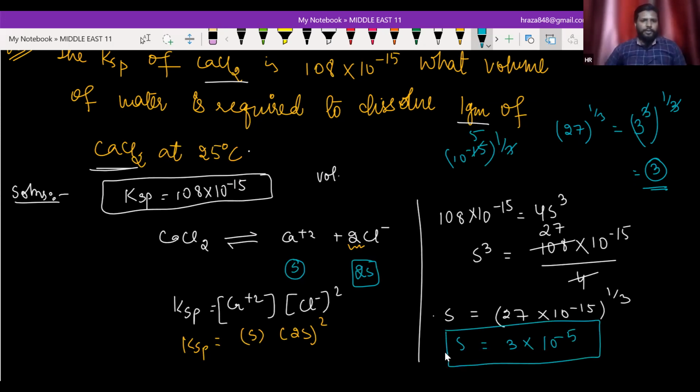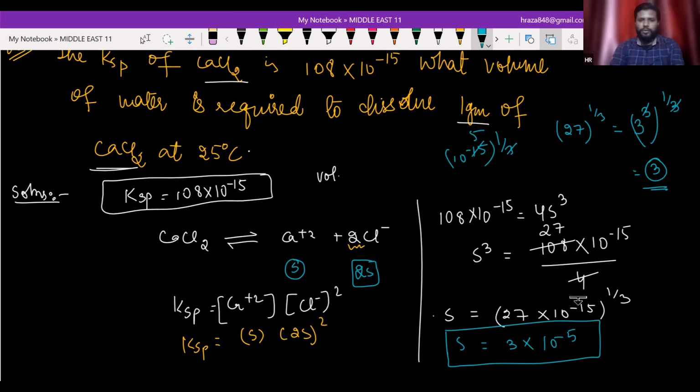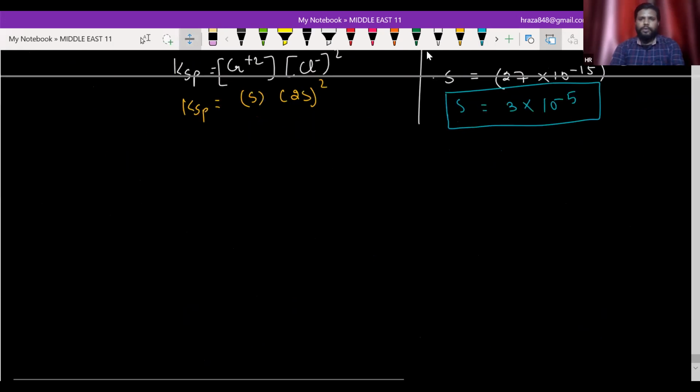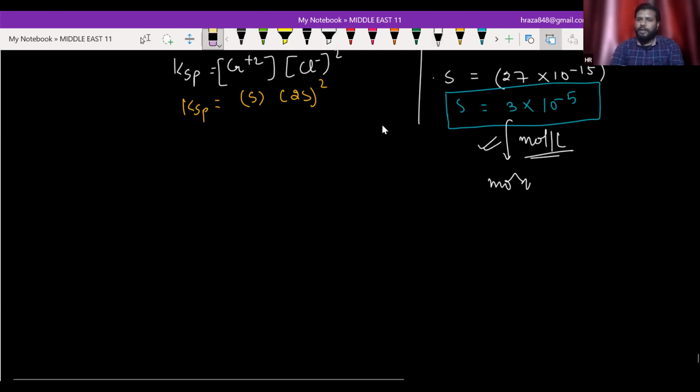Okay, everyone clear with this? Yes, sir. Okay, now I'm going to slide it. I already told you that solubility has the unit mole per liter, because we express solubility in terms of mole per liter. This is basically molarity.